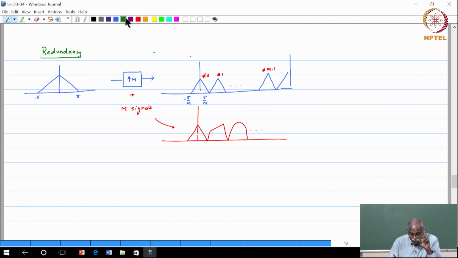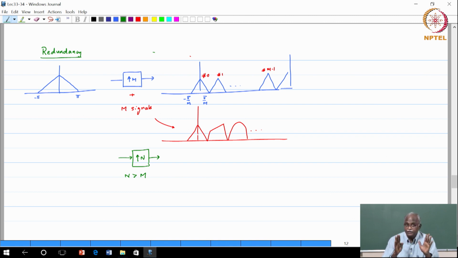Now very important, think about this question. I have only m signals, but I want to introduce this notion. I want to upsample by n, where n is greater than m. Okay, what am I trying to do?